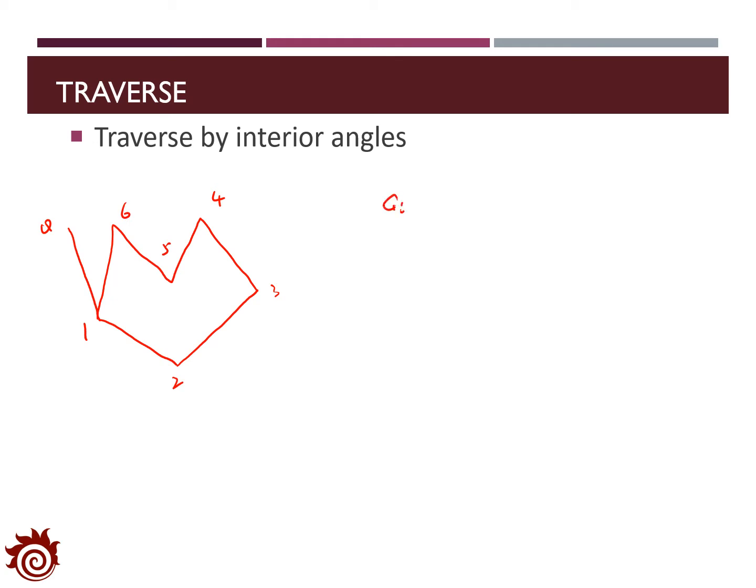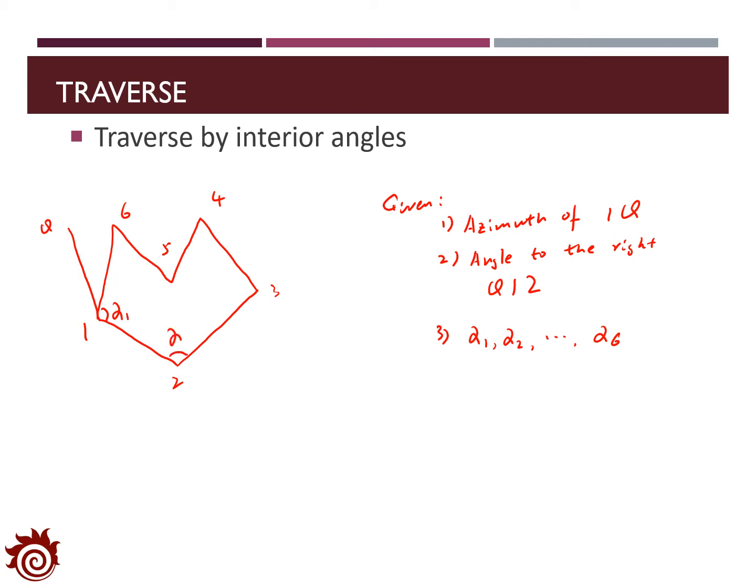So we are given the azimuth of the line 1 to Q, also the angle to the right for the angle Q12, and we also measure all the interior angles alpha 1, alpha 2, to alpha 6, which is shown as the angles in this figure.